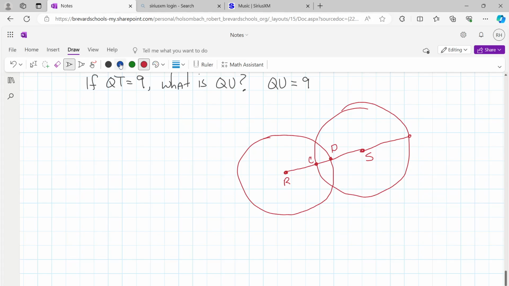So look, sometimes you've got to get a little creative with your drawing. From C all the way across this circle is 30. Agreed? That's the diameter of circle S. The diameter of circle R is 20.